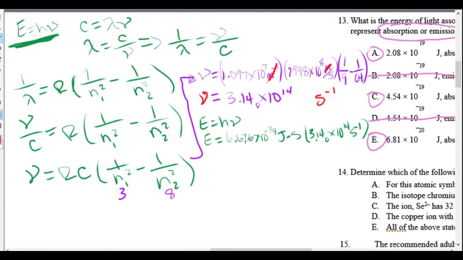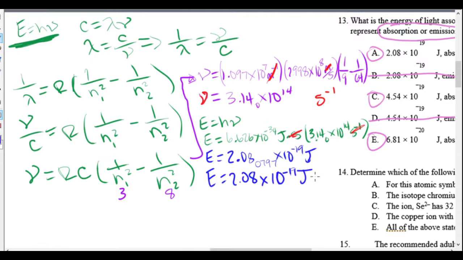Do a quick unit cancel, seconds, because seconds divided by seconds is 1. And then our E should be equal to 2.080797 times 10 to the -19 joules. And sig figs, 2.08, right? Because that's a 0 times 10 to the -19 joules.